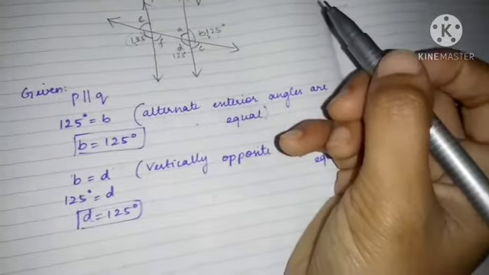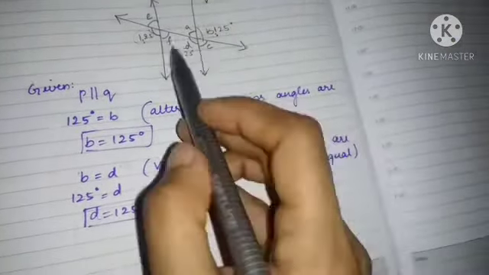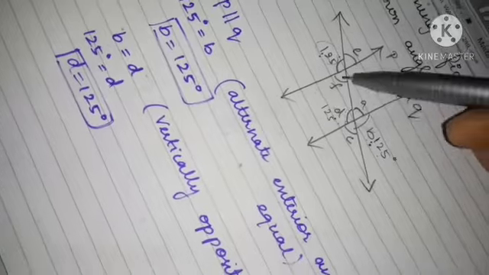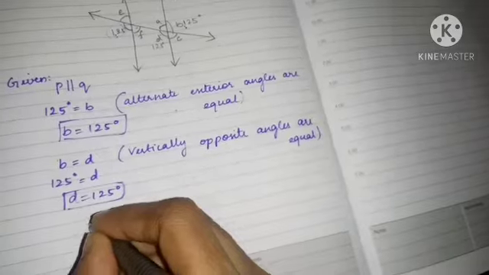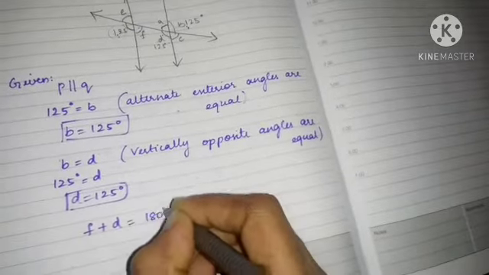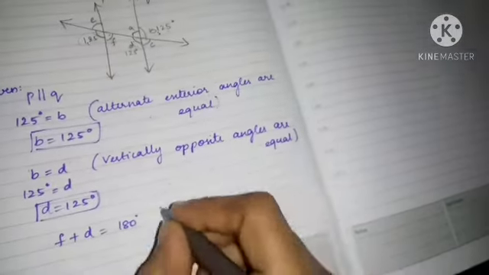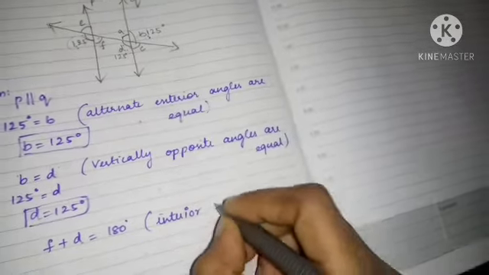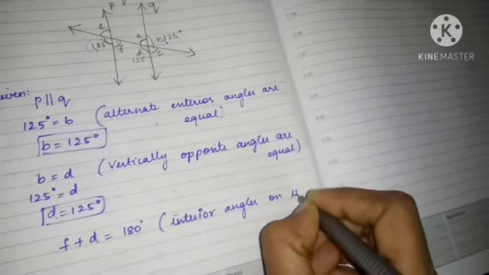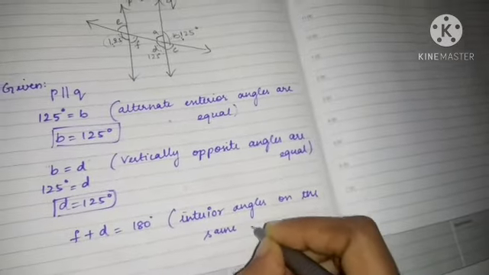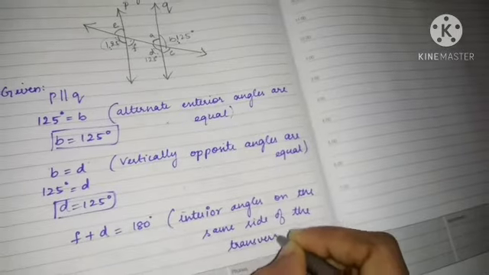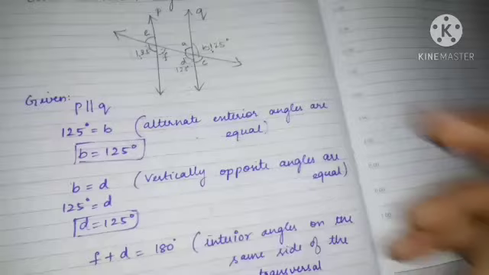So next, what should we find? We should find F, correct? F and D lie on the same side of the transversal. So we can say that F plus D is equal to 180, because they are interior angles on the same side of the transversal.